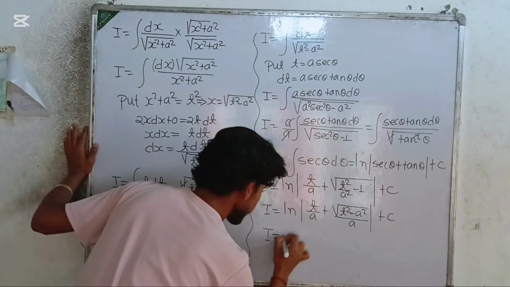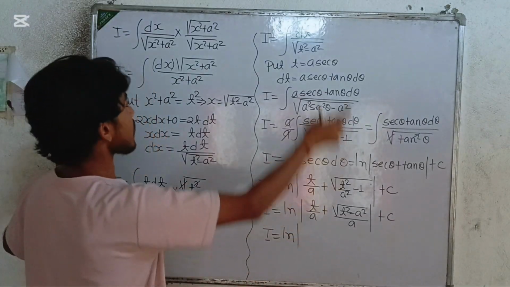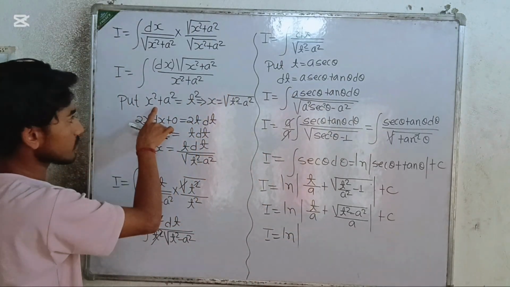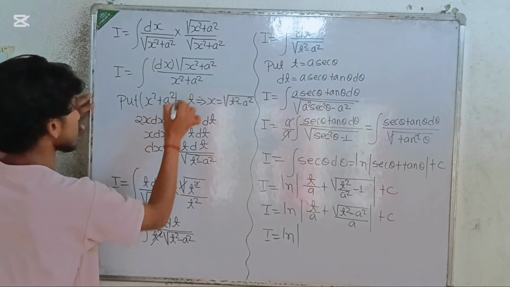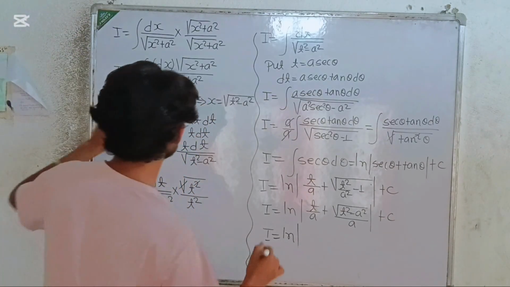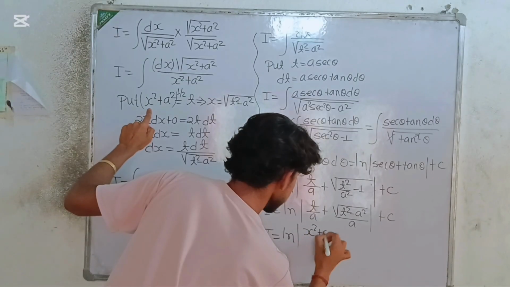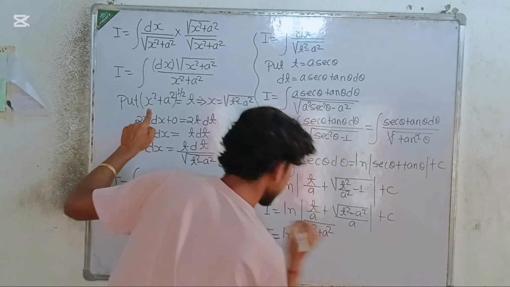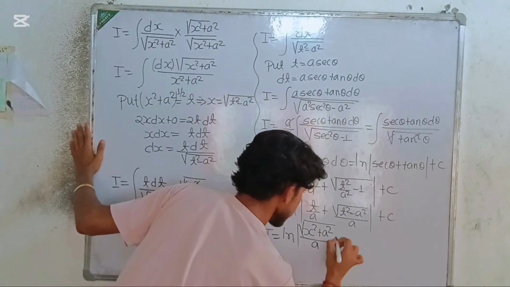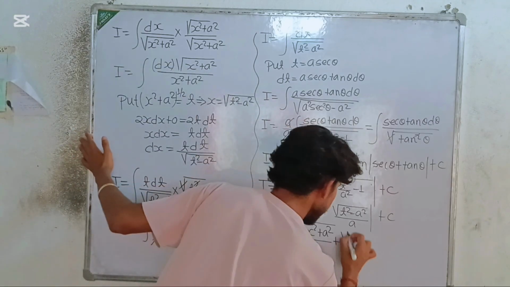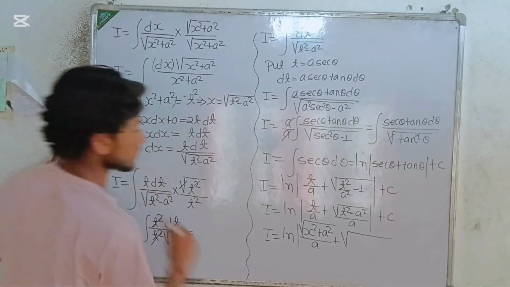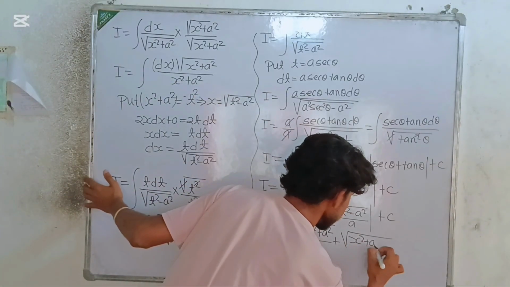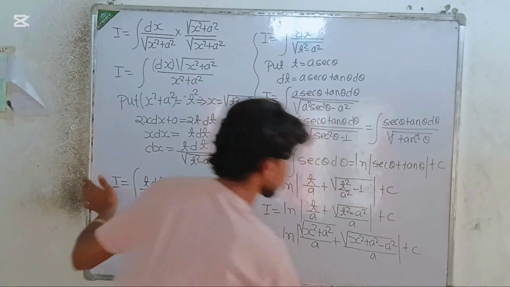So I is going to be ln. The t is our other variable written in terms of x, right? So if you want to take t here, you have to put a square root over here. So this is going to be the square root of x squared plus a squared over a, plus the square root of, in terms of t squared, you now have to put the value of t squared as x squared plus a squared minus a squared, over a, with some constant c, right?